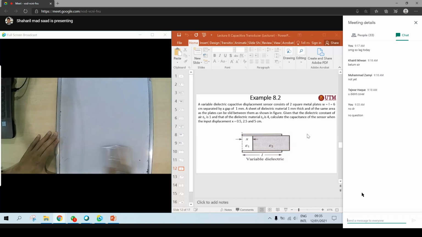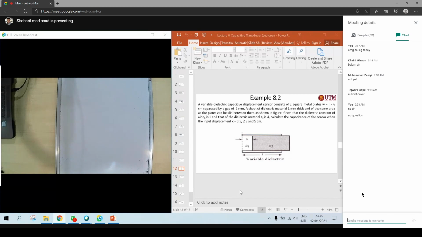A sheet of dielectric material, 1 mm thick, of the same area as the plate, can be slid between them as shown in the figure. So the distance is 1 mm. Given that the dielectric constant E1 equal to 1 and E2 equal to 4, calculate the capacitance of the sensor when the input displacement X equals 0.5, 2.5 and also 5 cm.